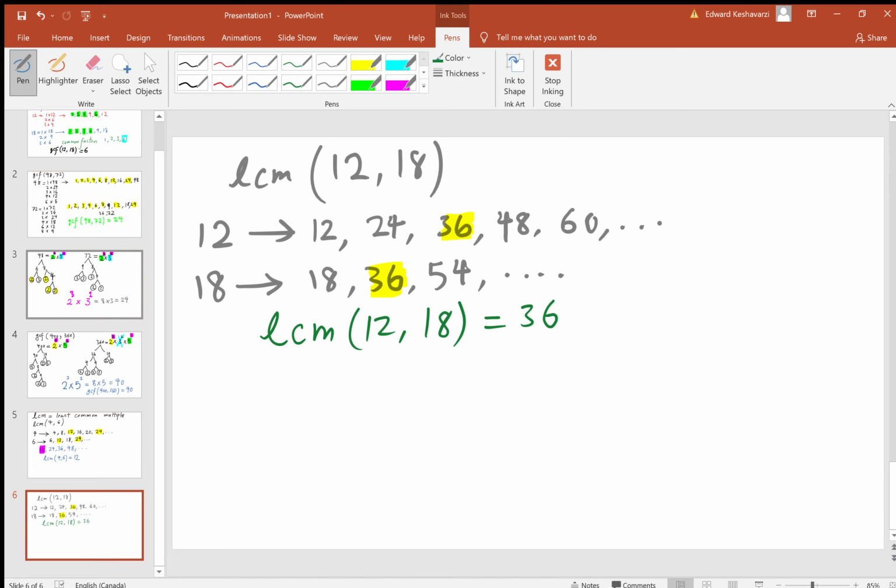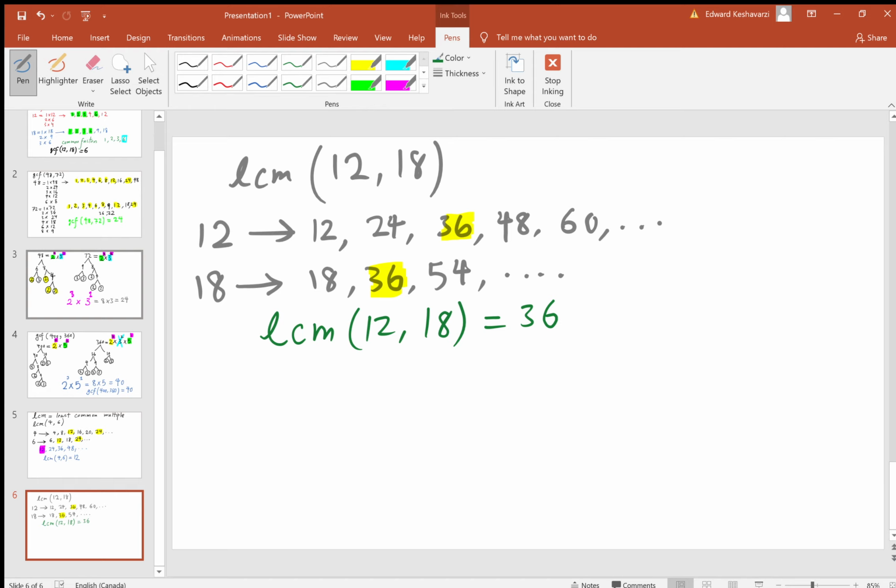But the question that needs to be answered is what if the question is about finding the LCM of 1200 and let's say 450. Obviously, that's not easy to apply this method to find the LCM of those huge numbers.